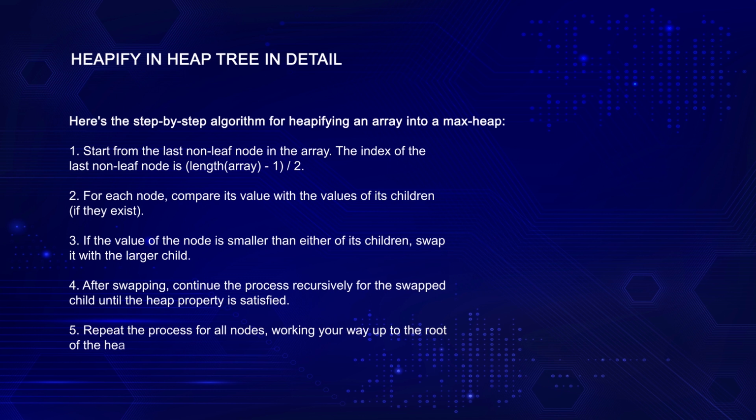The third step is, if the value of the node is smaller than either of its children, then swap it with the larger child. And the fourth step, after swapping, continue the process recursively for the swapped child node until the heap property is satisfied. So, this is a recursive process involved in step 4. Step 5, repeat the process for all nodes, working your way up to the root of the heap.